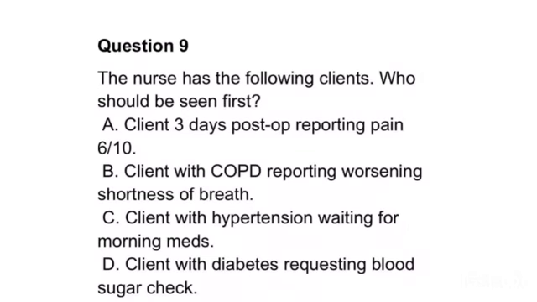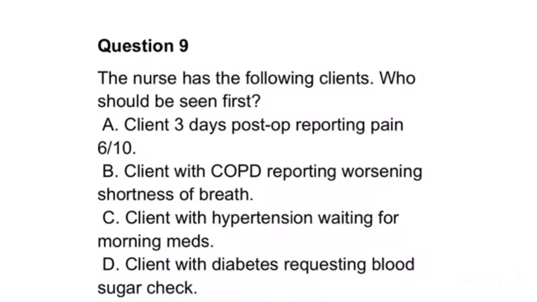D. Client with diabetes requesting blood sugar check. Answer: B. COPD patient with worsening SOB. Rationale: respiratory distress is priority. Strategy: ABCs greater than pain greater than routine meds.